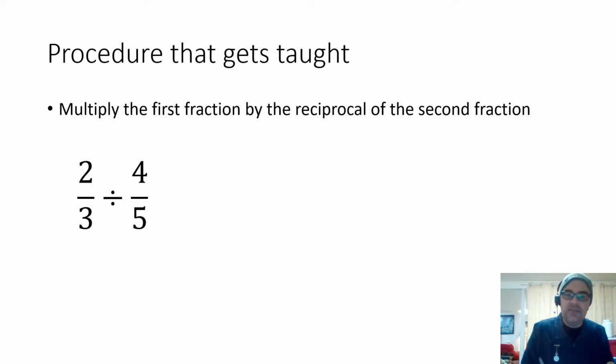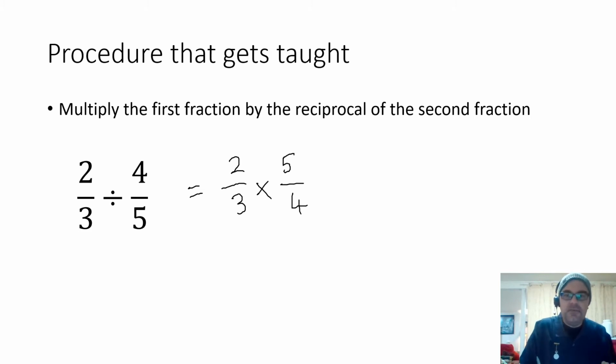Let's do this as an example of what we have to do. Keep the first fraction the same, 2/3. Now your divide turns into a multiply, and your second fraction, you have to take the reciprocal of it. The reciprocal is the upside down fraction, so 4 over 5 becomes 5 over 4. Now I could take it a step further and simplify that down a bit.